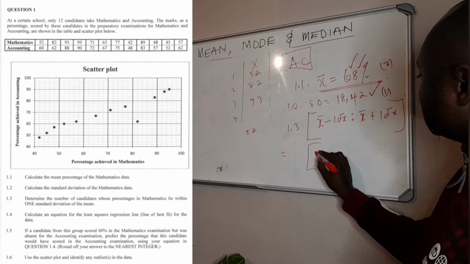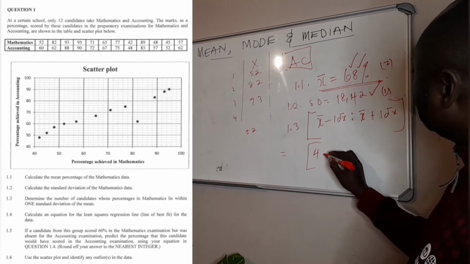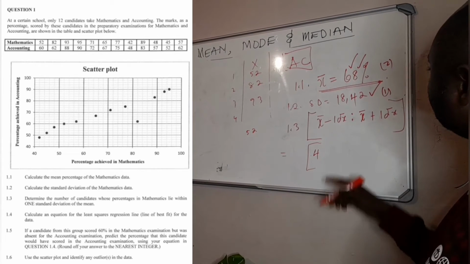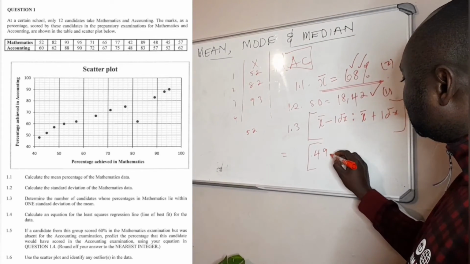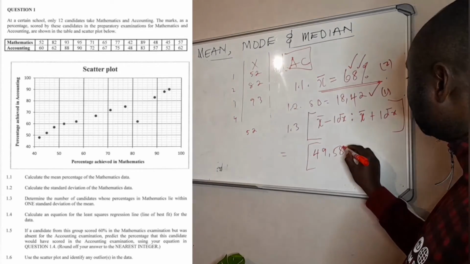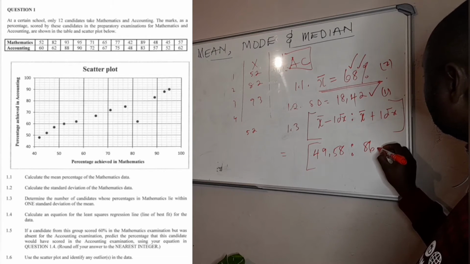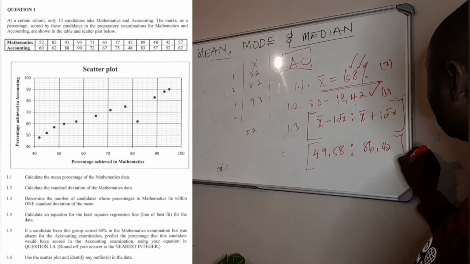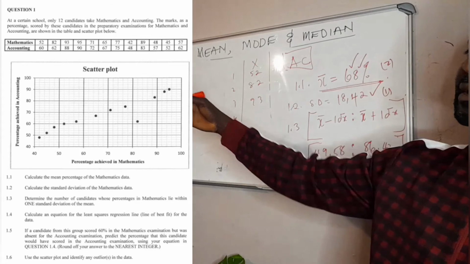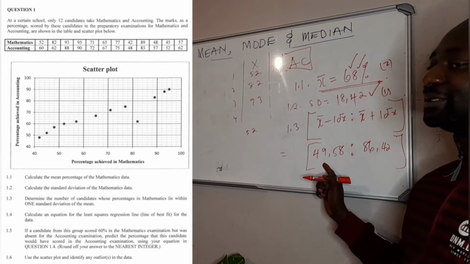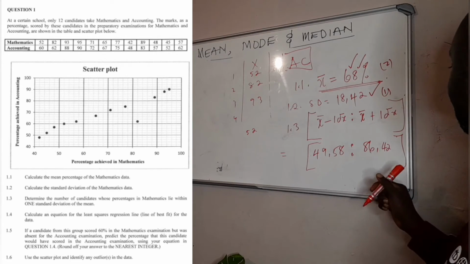Here the lower boundary is 49,58. So it's going to be 68 minus 18,42, and the answer is 49,58, and the upper boundary is 86,42. So now you are going to go back to the mathematics table and choose numbers that are within this interval from 49,58 to 86,42.